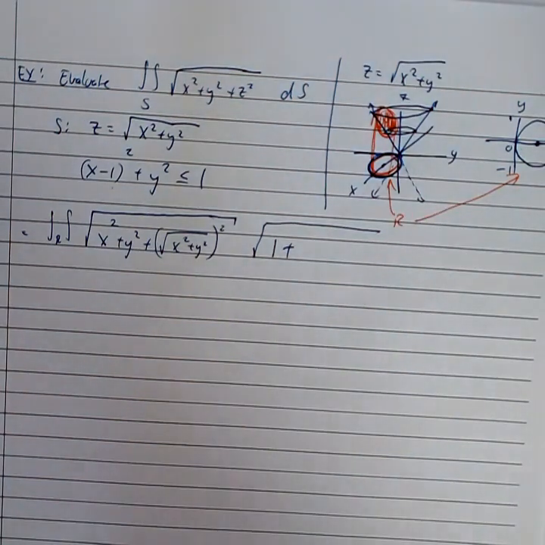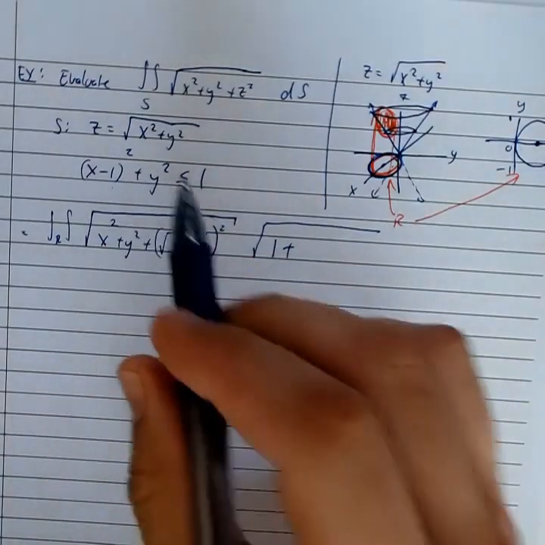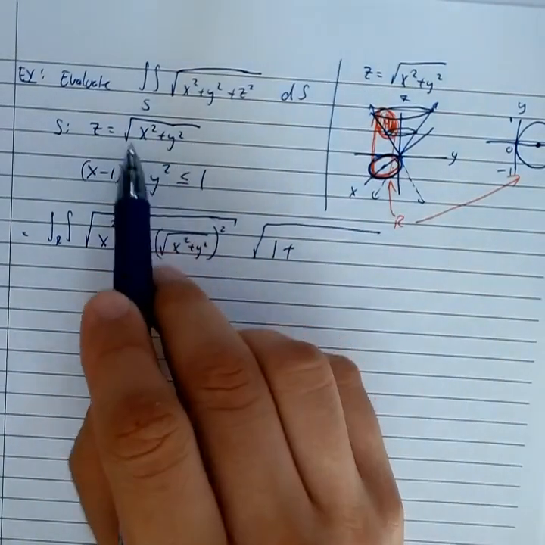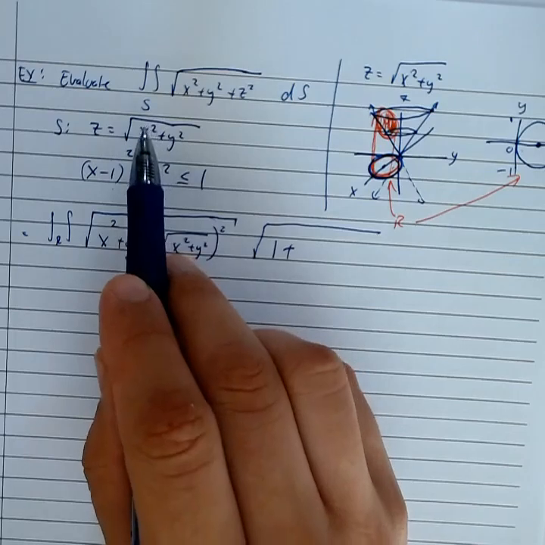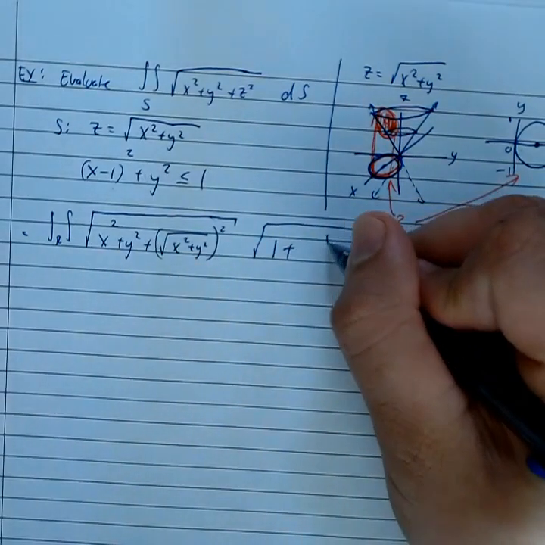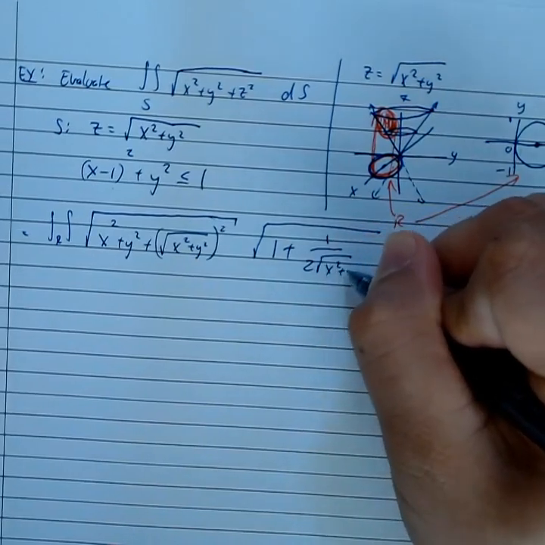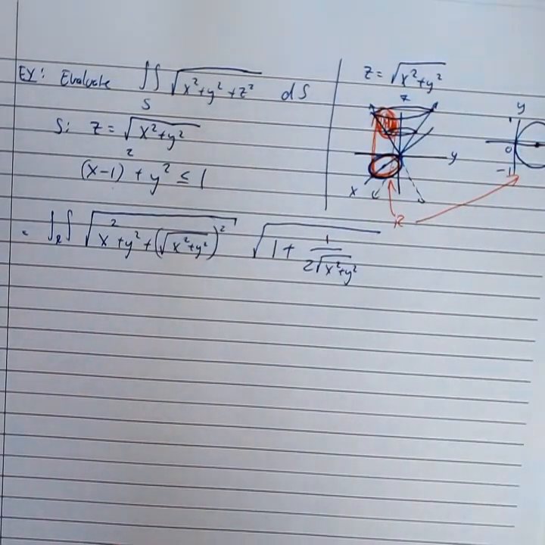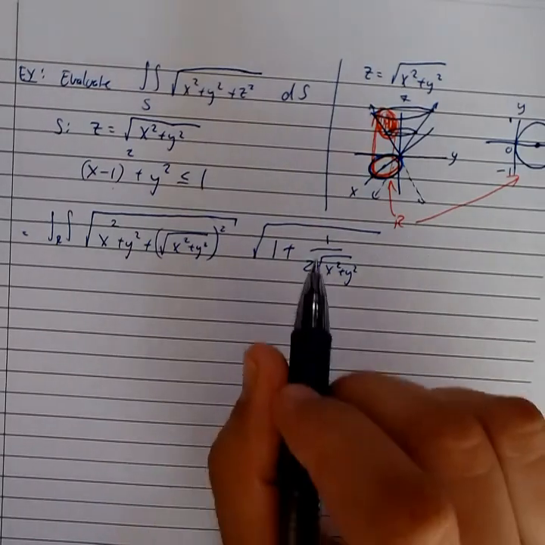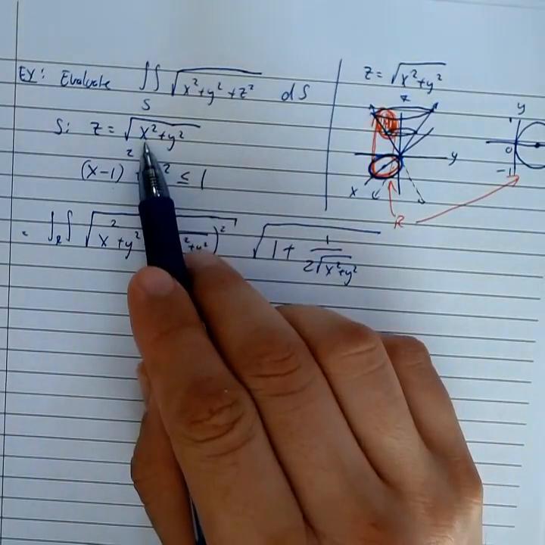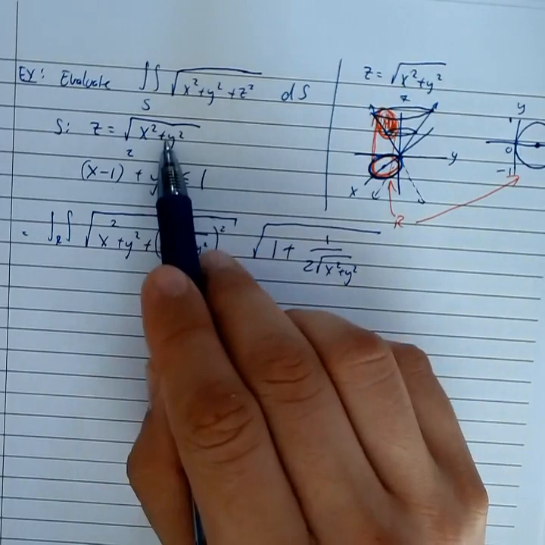now we're going to need g sub x and g sub y, right? Okay, so let's go ahead and do that. If we're going to take the derivative of this with respect to x, the derivative of the square root of something is 1 over 2 square root of that something. But then we're going to need to take the derivative of the inner part. We're using the chain rule.